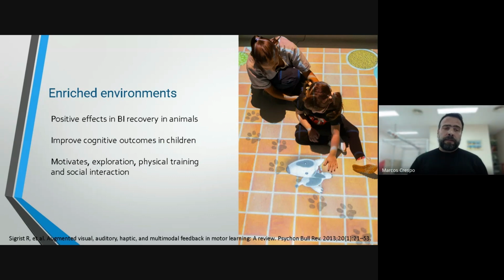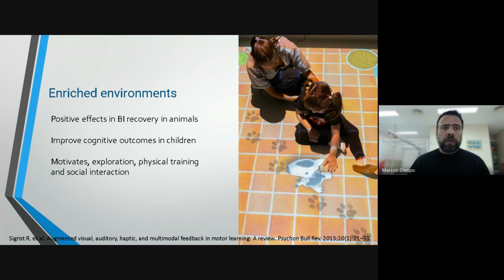And this enriched environments that we get with virtual reality systems have been shown to have positive effects in brain injury recovery, also in cognitive function in children.